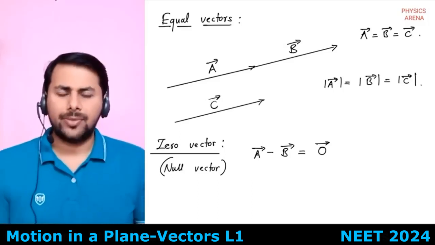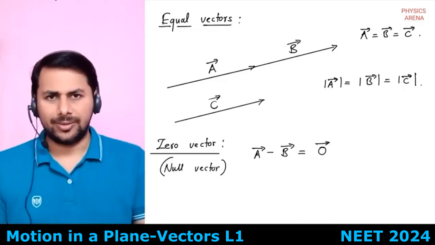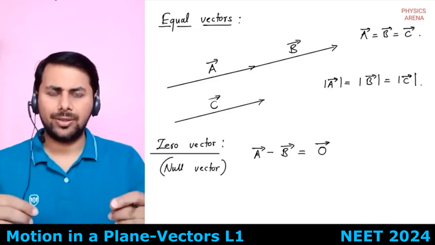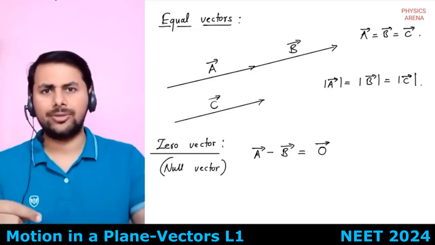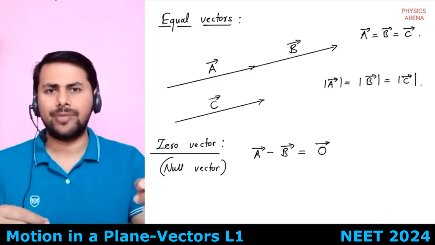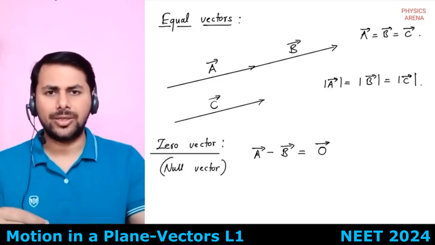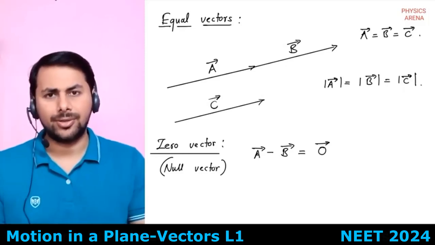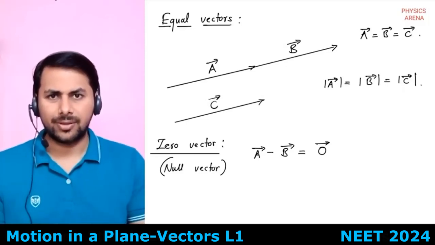For example, you add displacement and displacement. You move from one place to another, A to B, and then you move from B to C. So displacement from A to B plus displacement from B to C must give you the final displacement, the total displacement, and it's also a vector quantity, right?